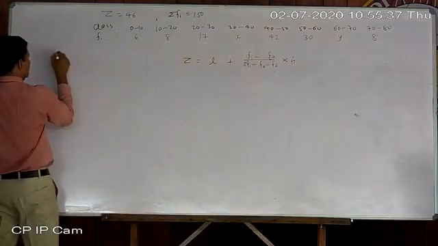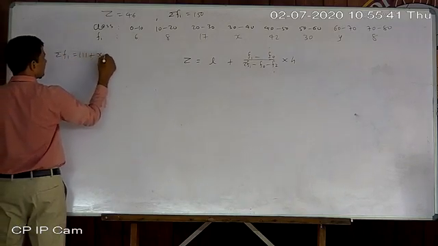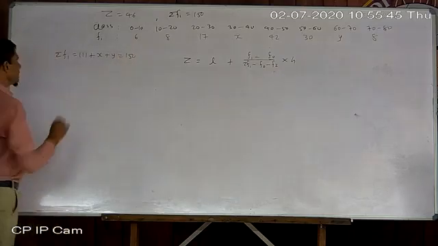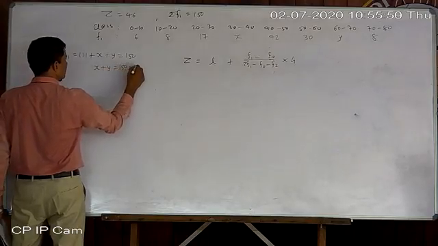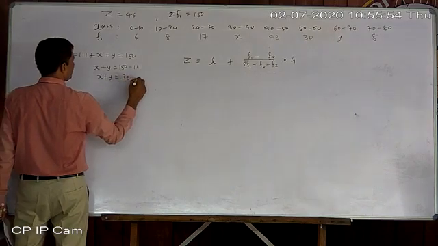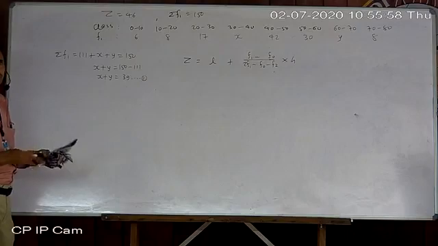So sigma Fi will be 111 plus x plus y and is equal to the given 150. So x plus y becomes 150 minus 111, so it will become 39, equation number 1. Okay, just like previous, nothing is new.